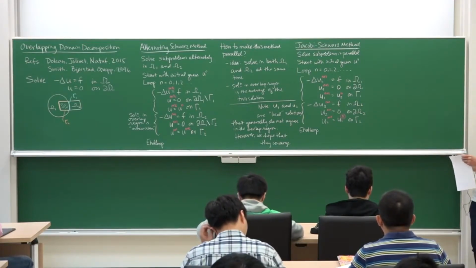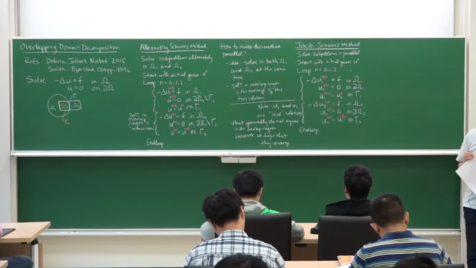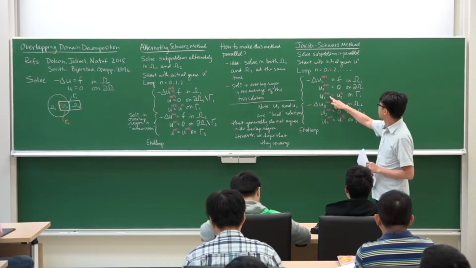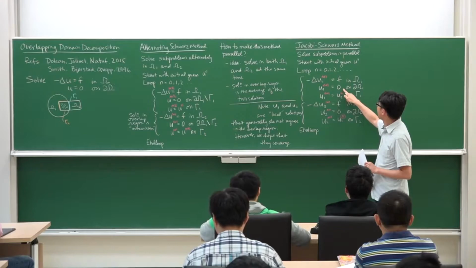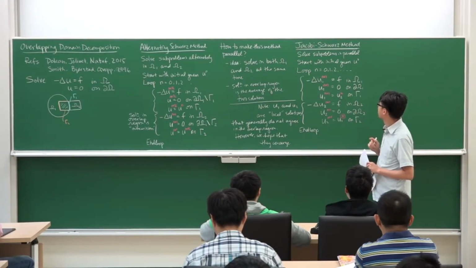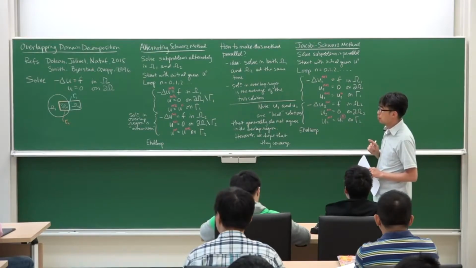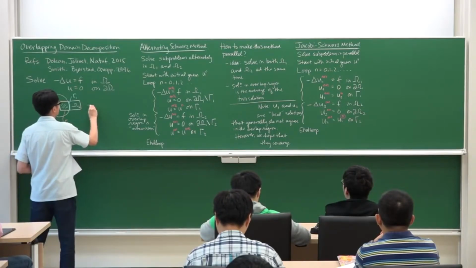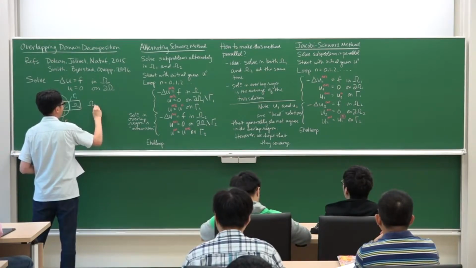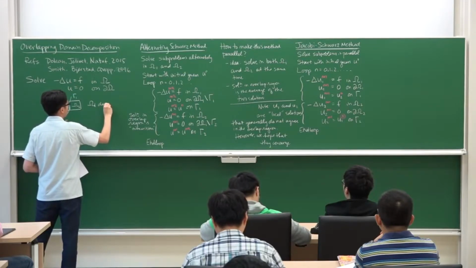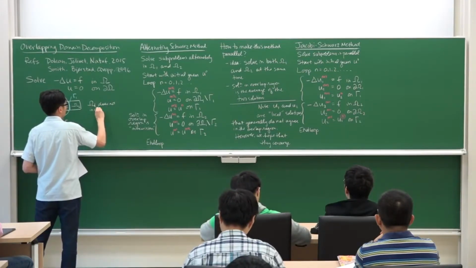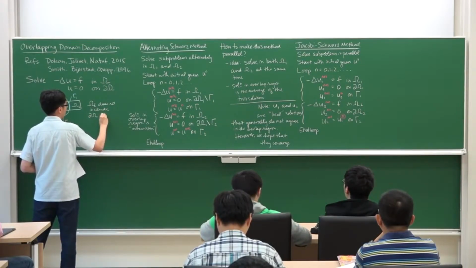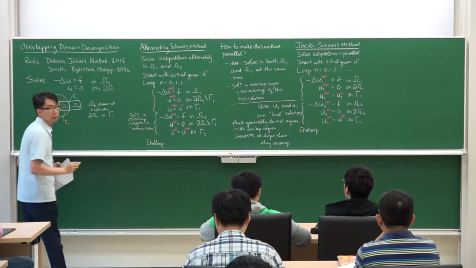So let's look at the, yes? U1 n plus 1 equal to 0 under omega 1. Does this contain gamma 1? No. Let me add that note. Omega I does not include the boundary, gamma I. Does that make sense?